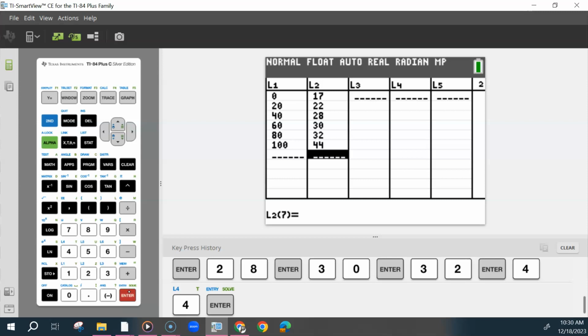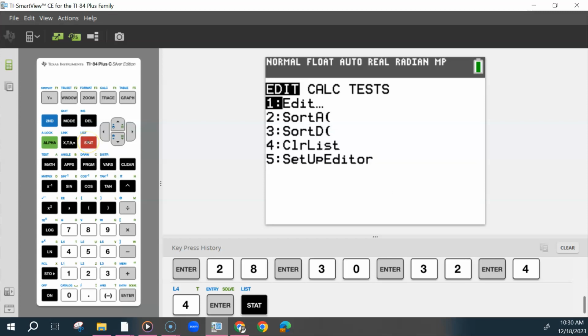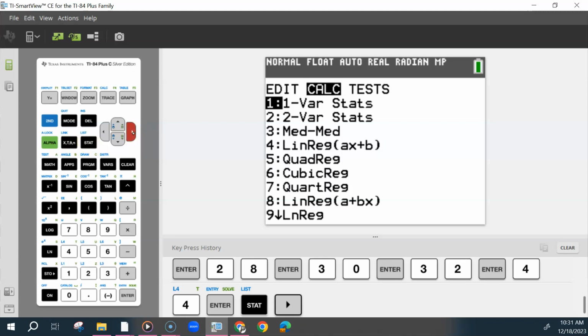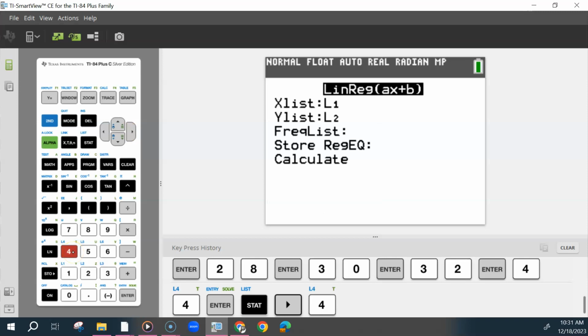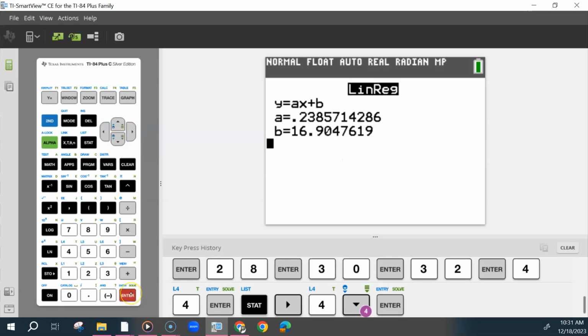And then you're going to go back to Stat, over to Calculate, down to number 4, and then because we're not doing anything else with this, you just need the line of estimate, you could just go straight down to Calculate. And then you needed, I don't remember because I've taught this sometimes, 2 or 3 decimals, so Y equals 2.24x plus 16.9, or if you use 2.39x plus 16.905.